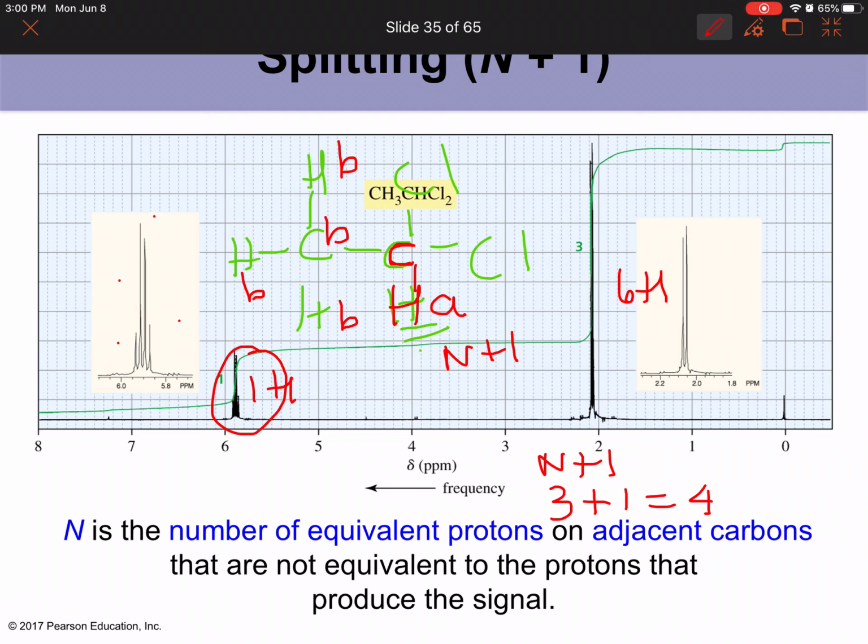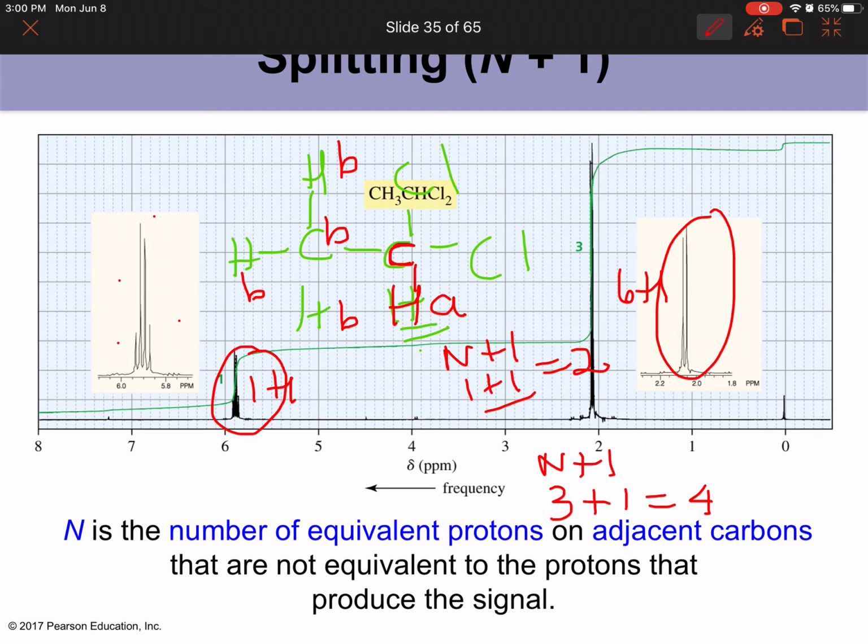N is the number of hydrogens on carbon A, that's 1 plus 1. So the 3 hydrogens will split into a doublet, split into 2 due to the hydrogen on carbon A.